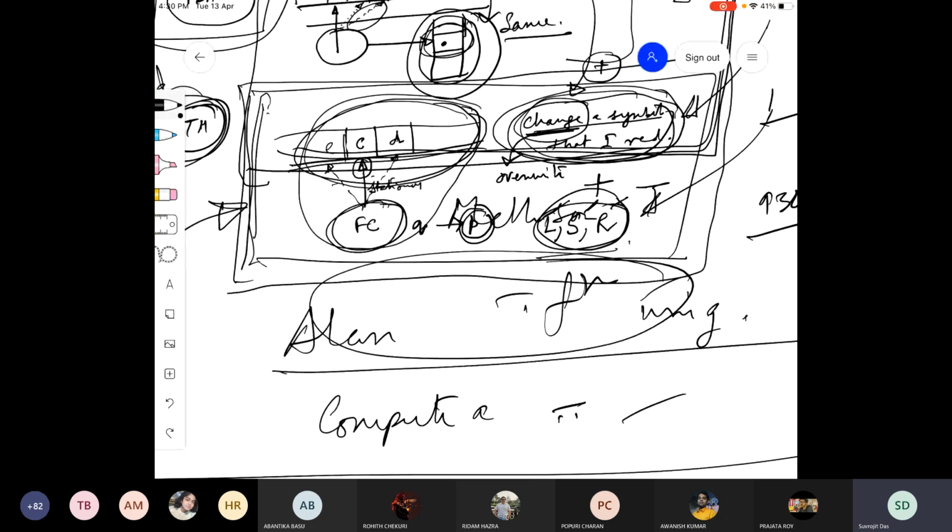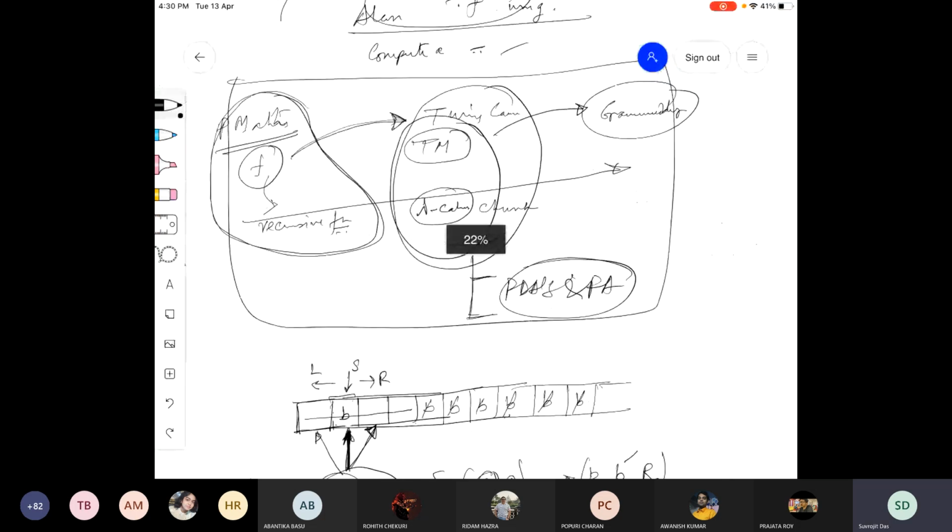Added to this, the tape is infinite. Tape is infinite towards the right. This is another thing that gives the machine such enormous power. I thought it would be obvious, so maybe I skipped.